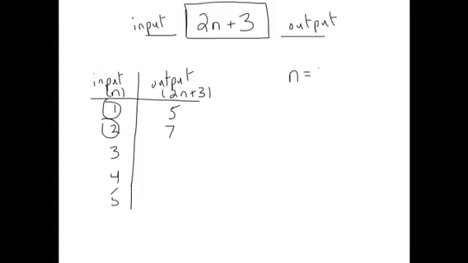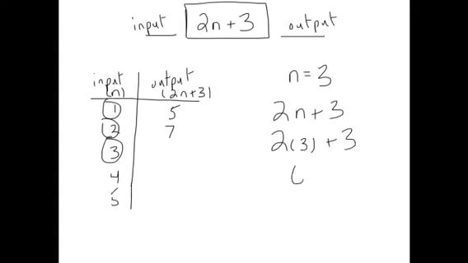Now, for when n equals 3, we will have 2n plus 3, 2 times 3 in brackets, plus 3, we have 6 plus 3, we get 9. We put 9 over there.